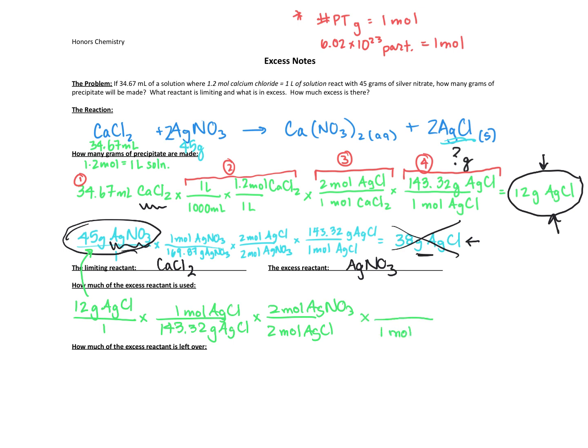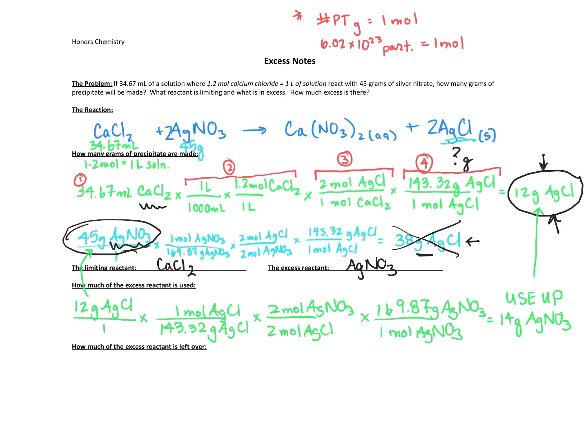For every 1 mole of silver nitrate, it weighs 169.87 grams. And again, I'm labeling everything. So here I get that this is going to use up 14 grams of silver nitrate. Now remember, I started with 45 grams. This is telling me this is how much I used up to make 12 grams of silver chloride.